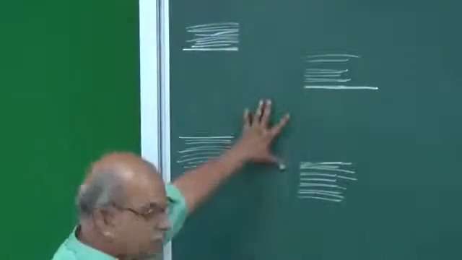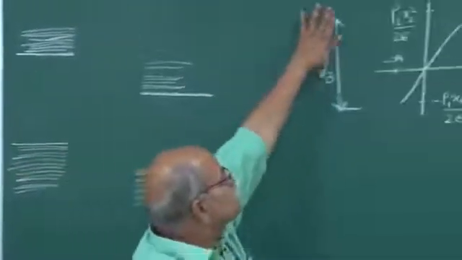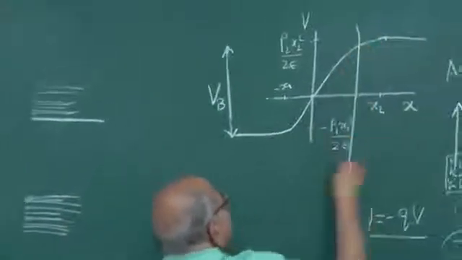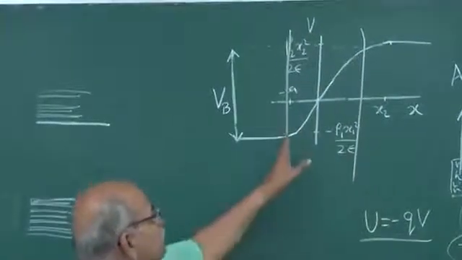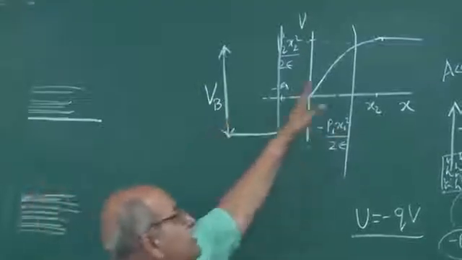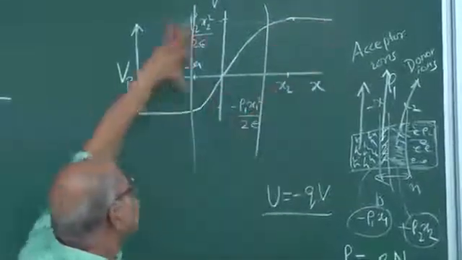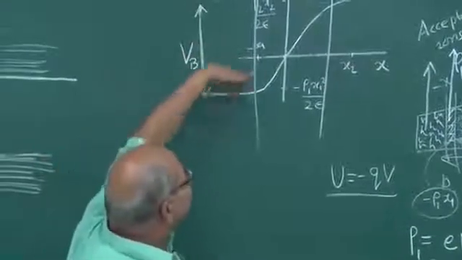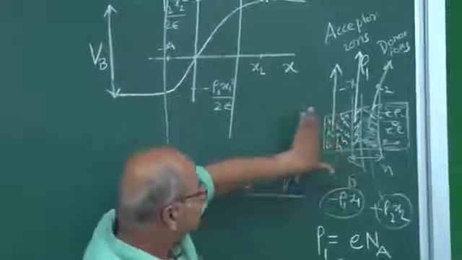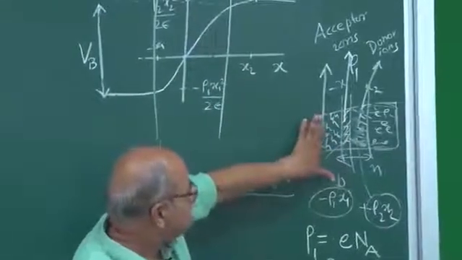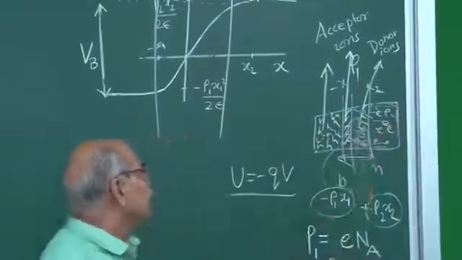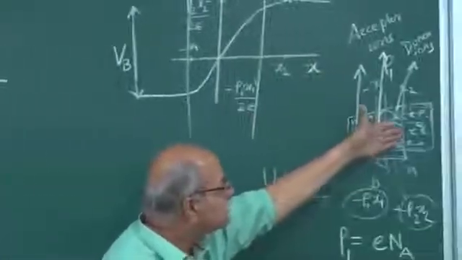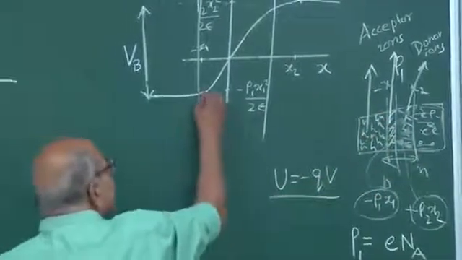Why have I erased this much? Because this much of difference appears only away from the depletion region. Let's say this is the depletion region, after which the potential is constant here, after which the potential is constant here. So this difference that I have calculated is from here to here, that means well on the left of the depletion layer and well on the right of the depletion layer. And inside the depletion layer, you see a gradual decrease.